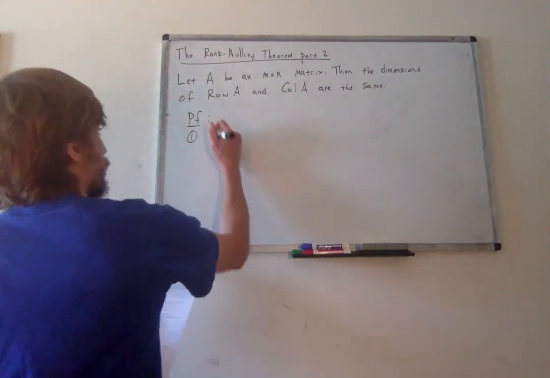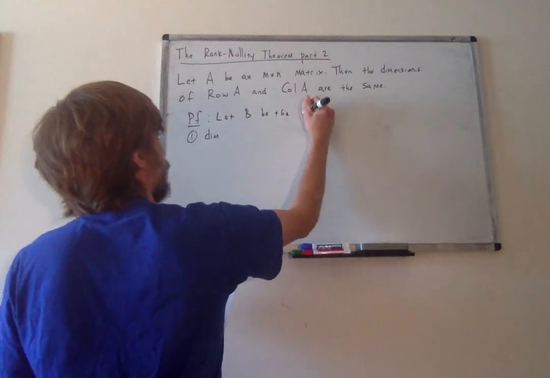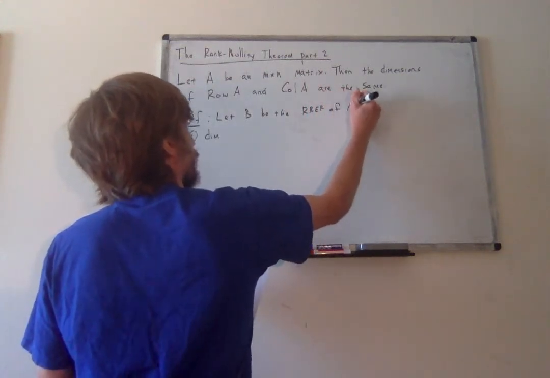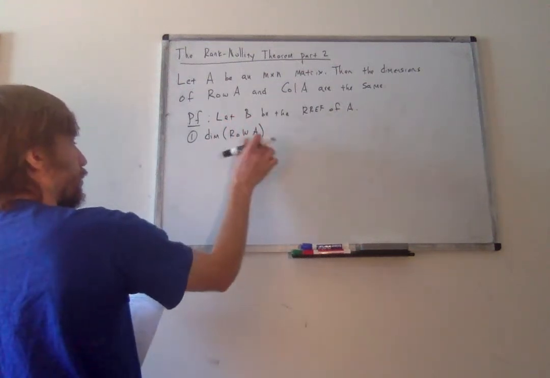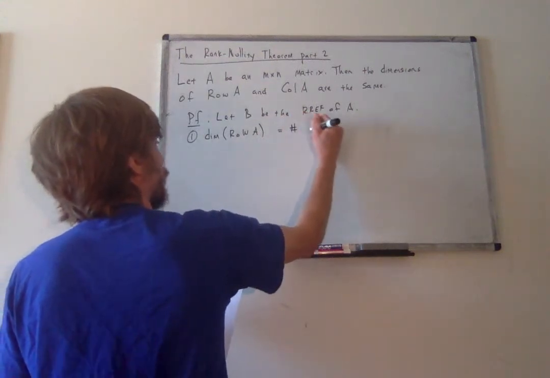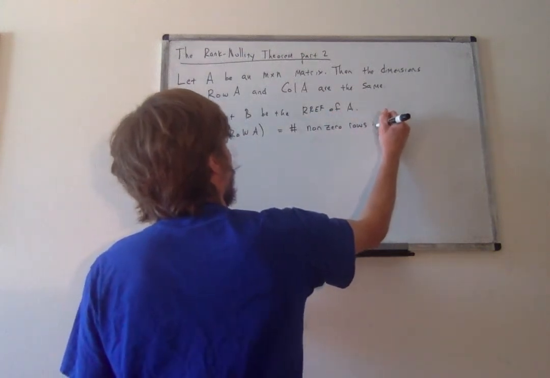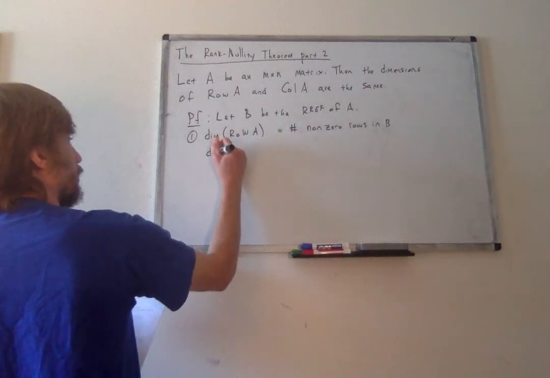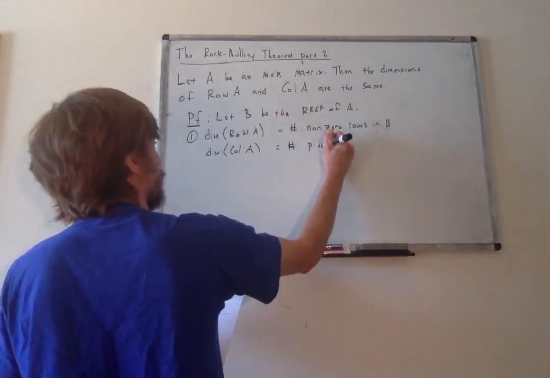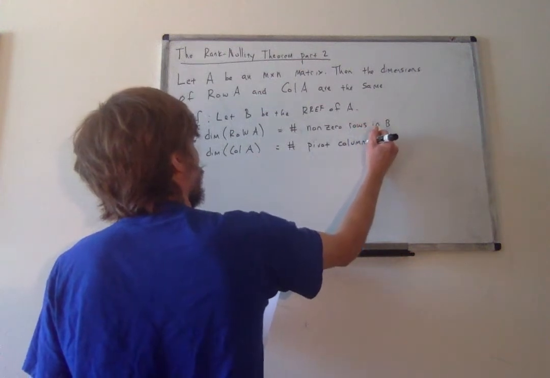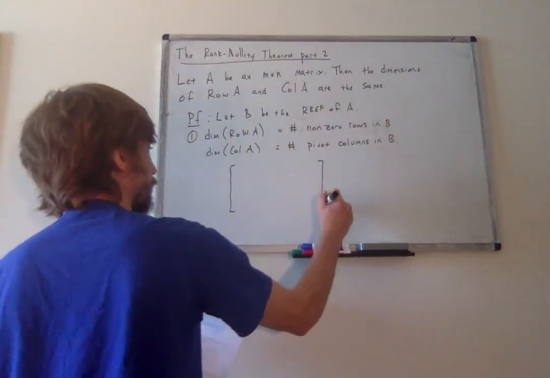But notice the dimension of row A. Let B be the RREF of A. Then the dimension of the row space is equal to the number of non-zero rows in B. Well, the dimension of the column space of A is equal to the number of pivot columns in B. I'll draw an arbitrary matrix here.